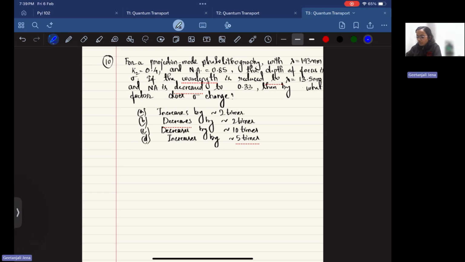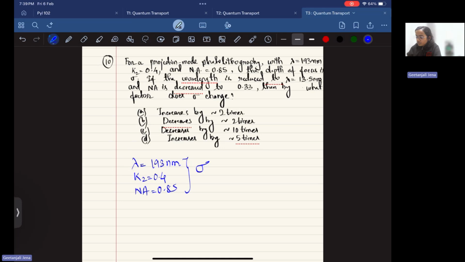Question number 10. For a projection mode photolithography with lambda 193 nanometer, K2 0.4, and numerical aperture given as 0.85, the depth of focus for this case is sigma.